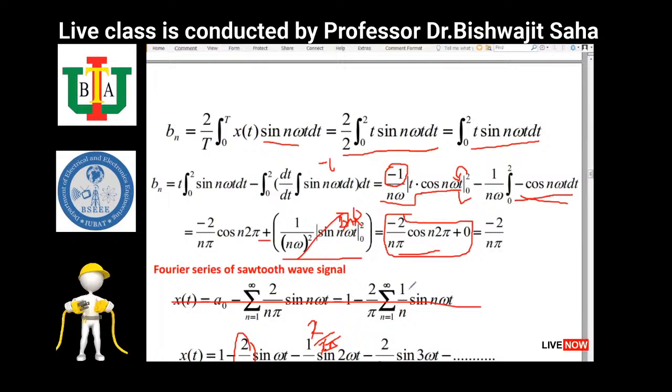So still it is 1. Thank you, sir. 2 pi means 360 degrees. It's going to be 720 degrees, so cos 720 degrees is also 1.